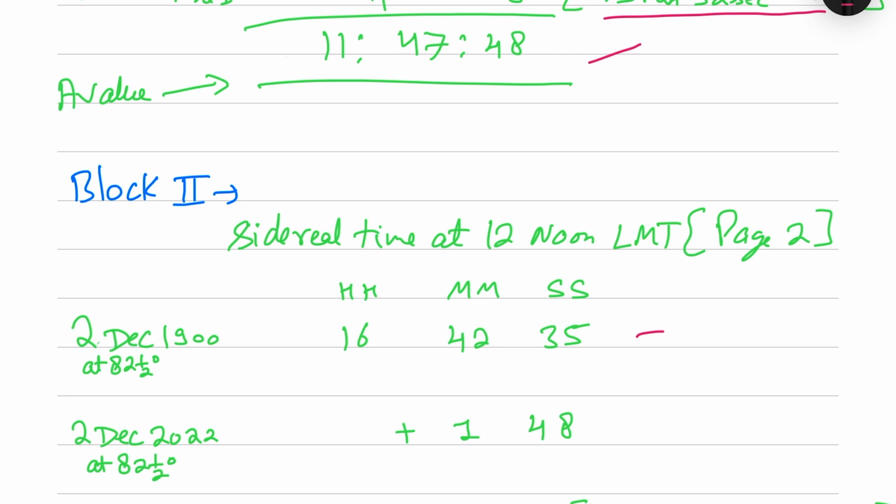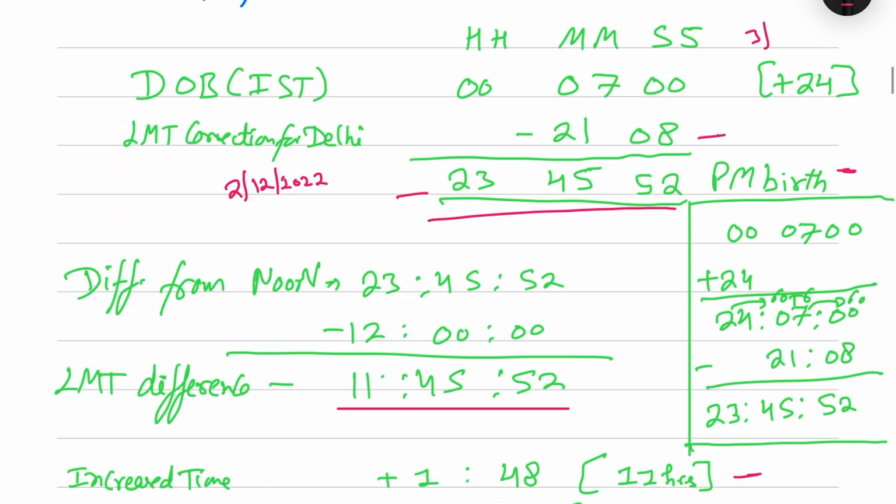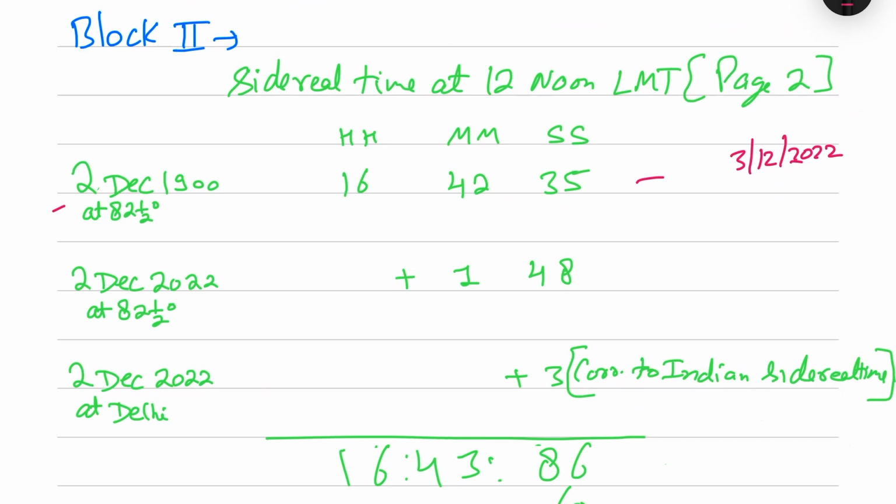There might be some confusion since in the exam the date was given as 3/12/2022, and here I am taking 2nd December, because after the LMT correction the time moves to 23:45:52 and now lies on 2nd December. This is a very important point, so you need to be mindful when solving it. It is 2nd December 1900.